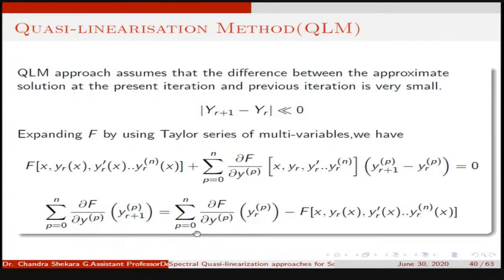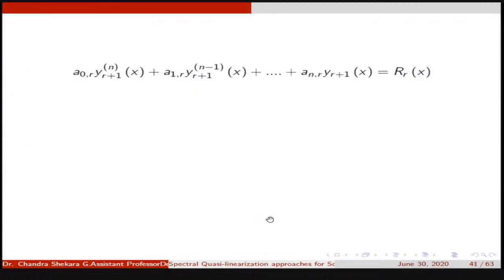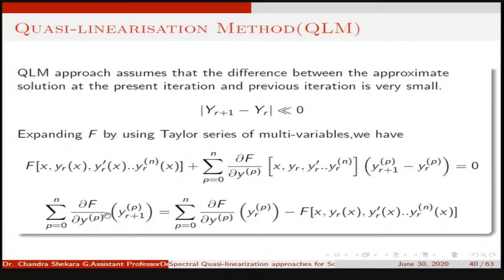Then once you have the linear differential equation, you can use the collocation approach to solve this linear differential equation. You can write it in a more compact form. Just expand this summation on the left hand side and write ∂f/∂y_p as a coefficient of Y r plus 1 in the following form.